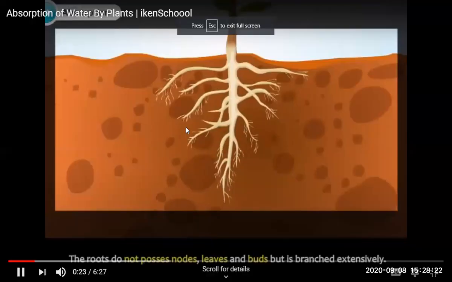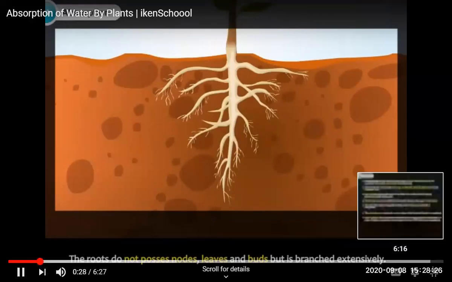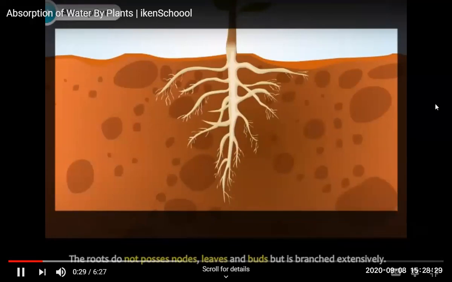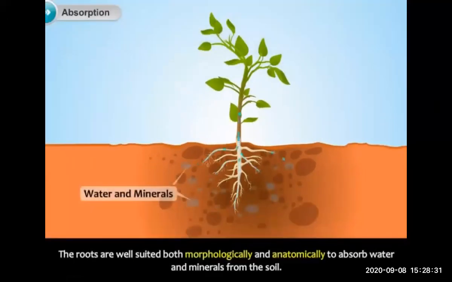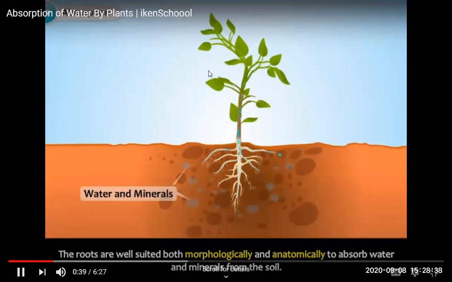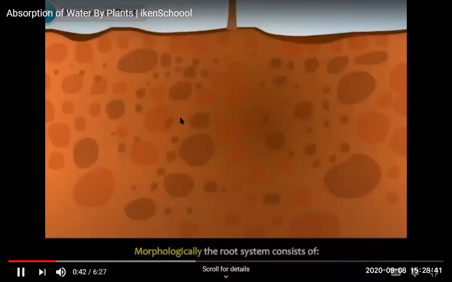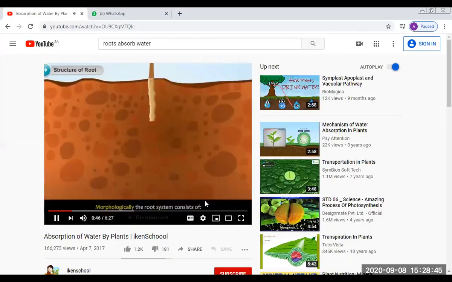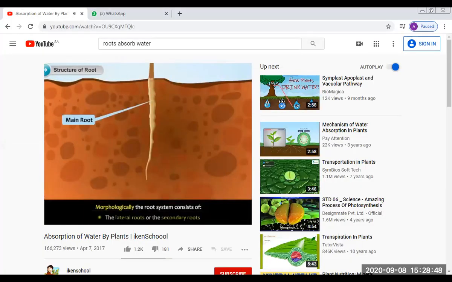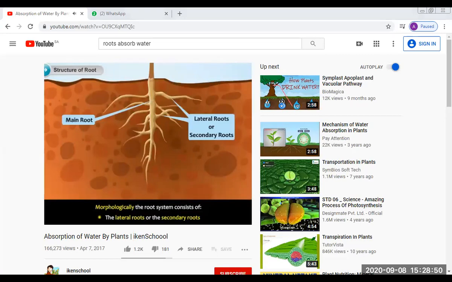Do not possess nodes, leaves, and buds, but is branched extensively. The roots are well suited both morphologically and anatomically to absorb water and minerals from the soil. Morphologically, the root system consists of the main root, the lateral roots or the secondary roots, and the root hairs or the tertiary roots.